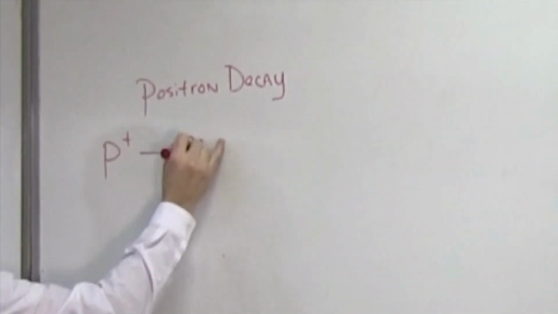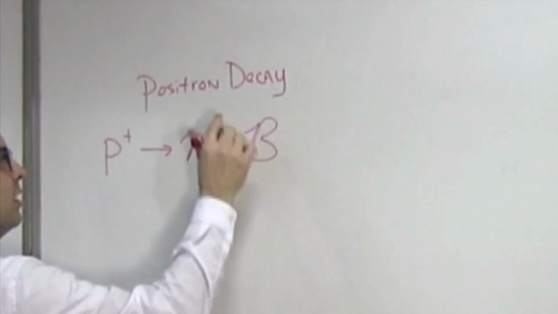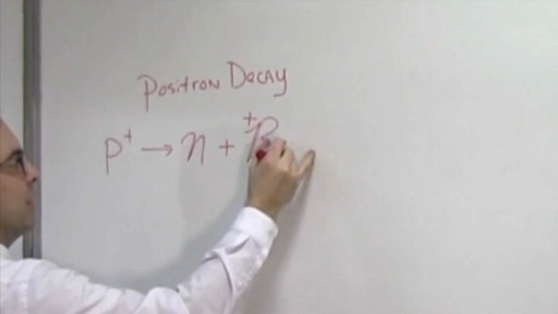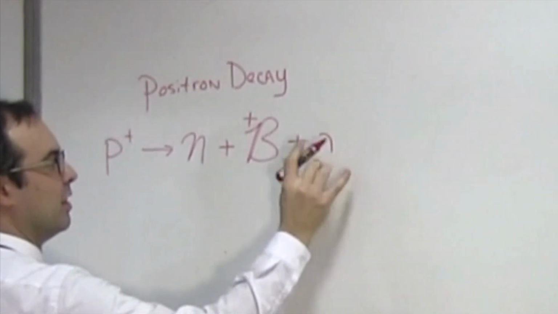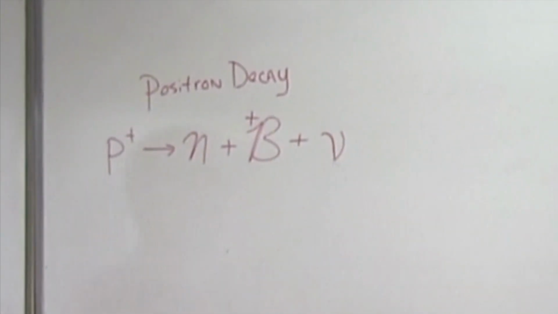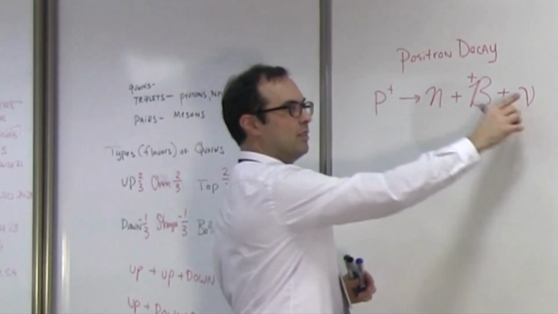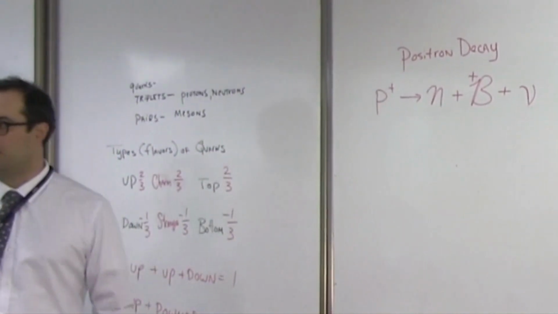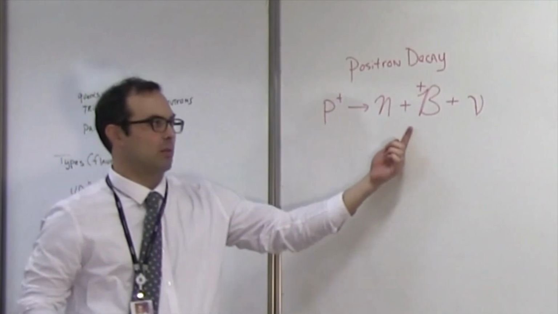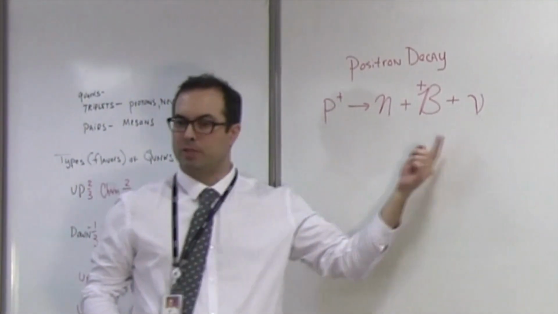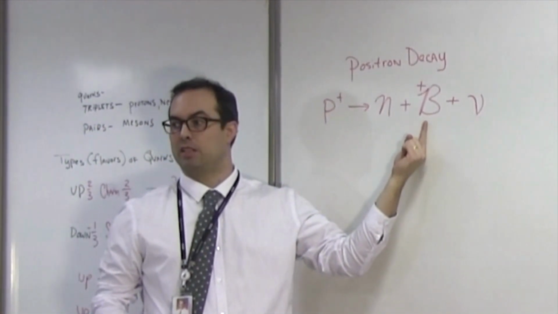Proton turns into my neutron, and my beta particle, and my neutrino. Now, why doesn't the neutrino, first off, have a line over it telling us that it's an anti-neutrino? The neutrino that comes off of it has to have the opposite lepton charge as the lepton that's given off.